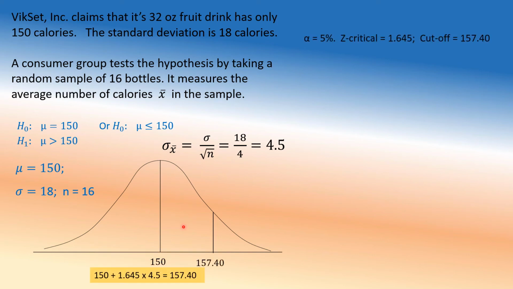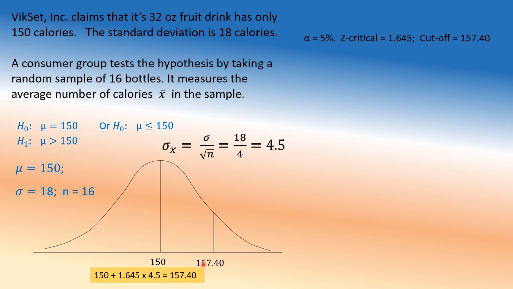And here we have 5% alpha, which means this is 5% right now. We'll change it to 1% later. This becomes 157.40. Why? Because 150 plus the z-score times 4.5, which is sigma x bar. Once again, if you know the normal distribution, this is easy. It's a piece of cake.